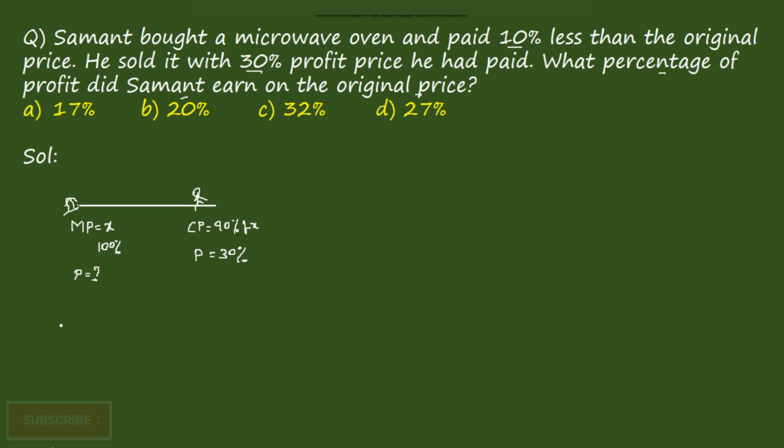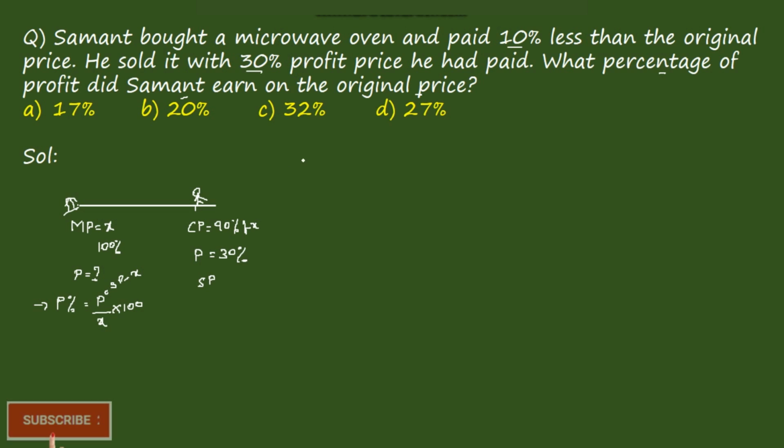In terms of percentage, we know the formula. The profit percentage is equal to profit by cost price into 100. The profit is selling price minus x, so first we define the selling price.